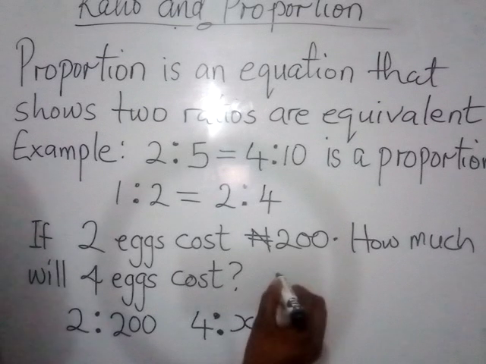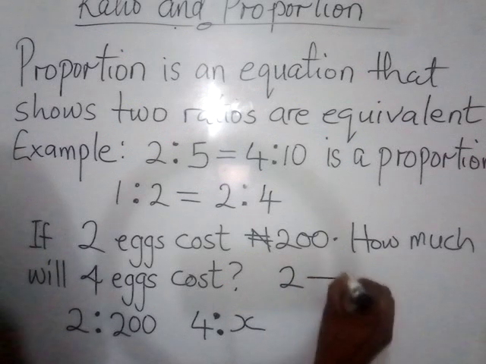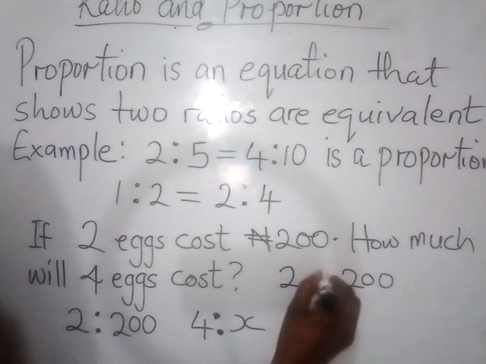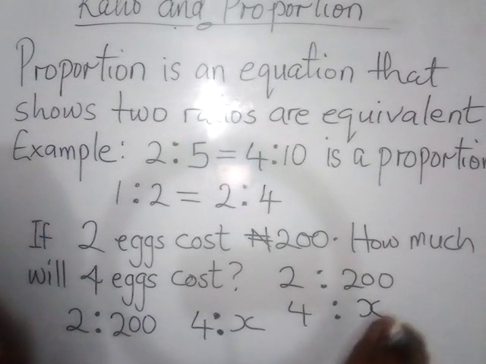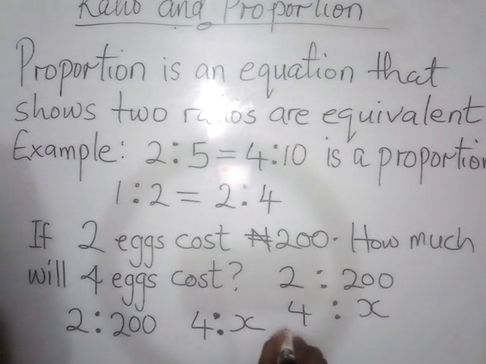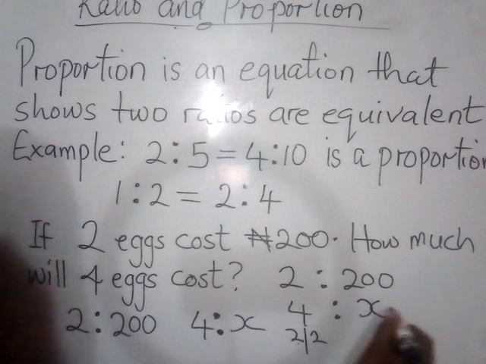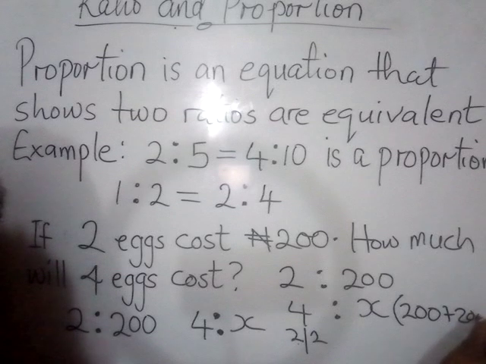If you want to write it in a mathematical way, you can write 2 gives 200, 2 to 200 for 2x. So we know that 2 costs, in 4, you have 2 in 2 places. If you have 2 in 2 places, that means the first 2 cost 200 and the other 2 cost another 200.